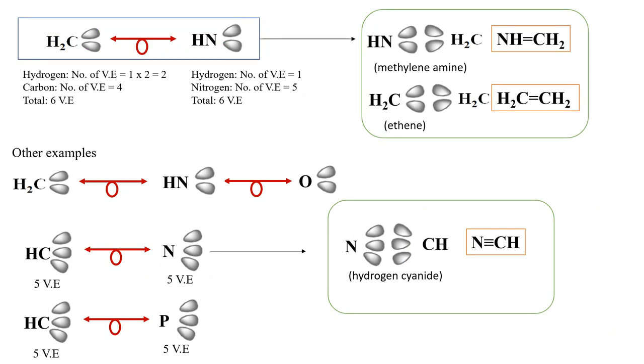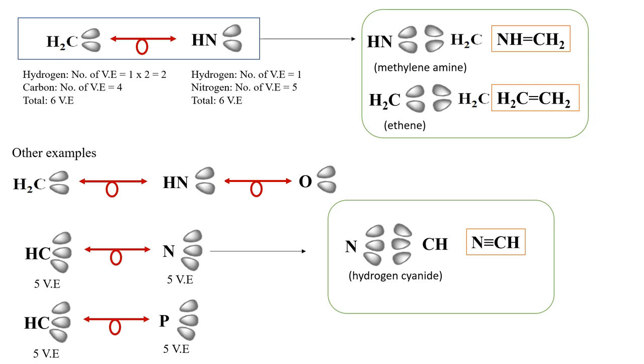We'll go further. In the previous slide, I took an example where we took methane and removed one hydrogen. Now, if you remove the second hydrogen atom, you end up getting a methylene radical with two frontier molecular orbitals with one electron in each. So the total number of valence electrons in this fragment will be 6.